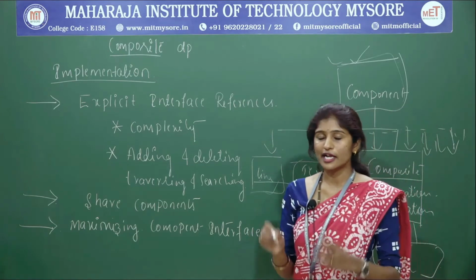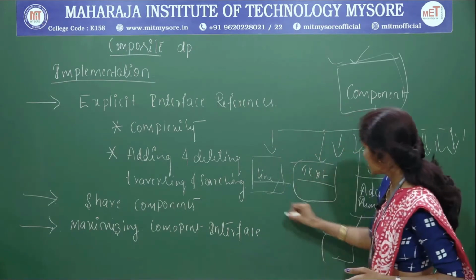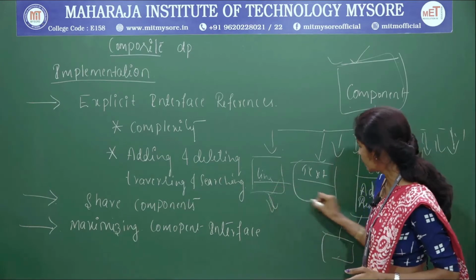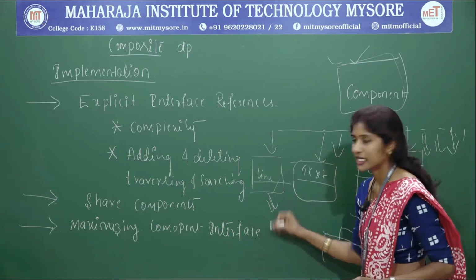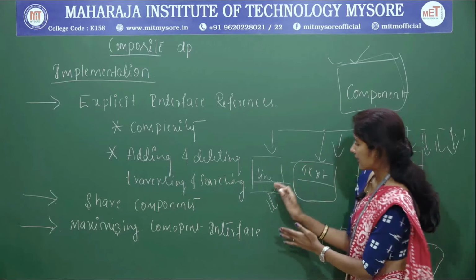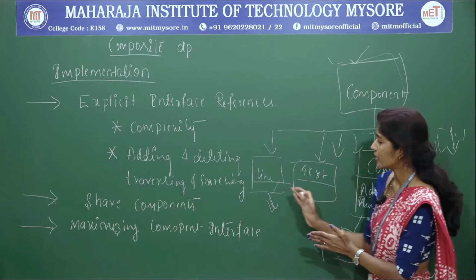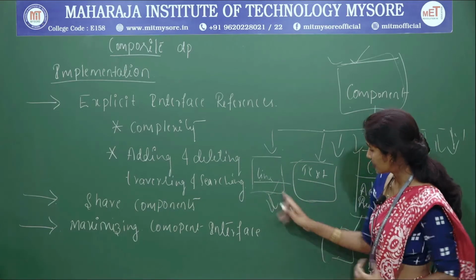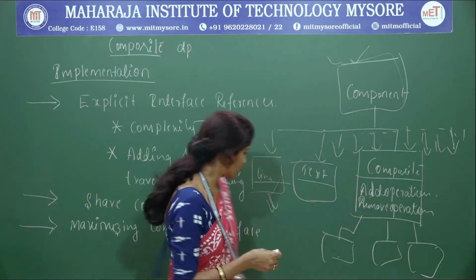Why? Because the client is going to access the leaf nodes. These are the leaf nodes because there are no other derived classes here. This line class and the text class don't have derived classes, so I am considering these as leaf nodes.